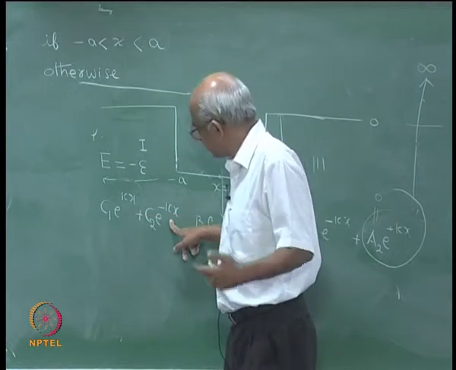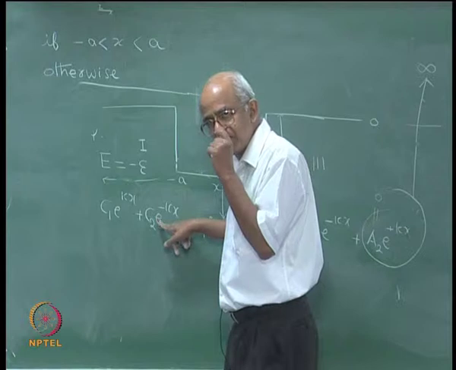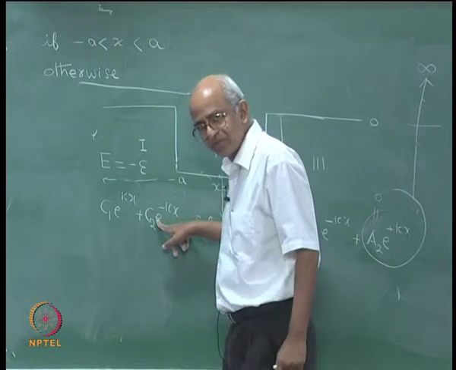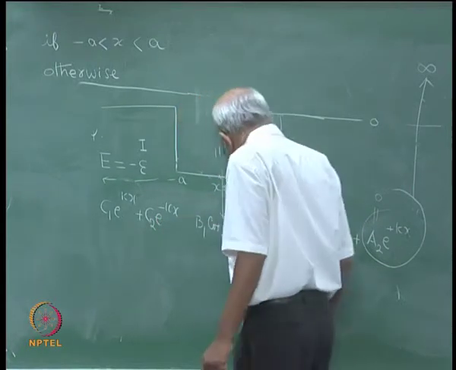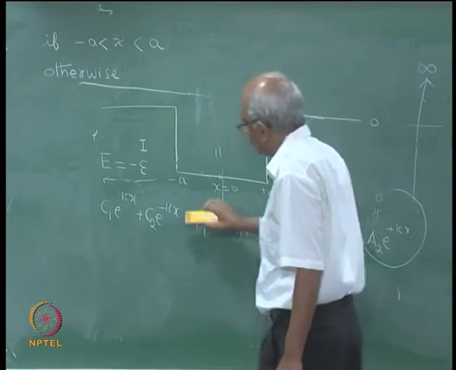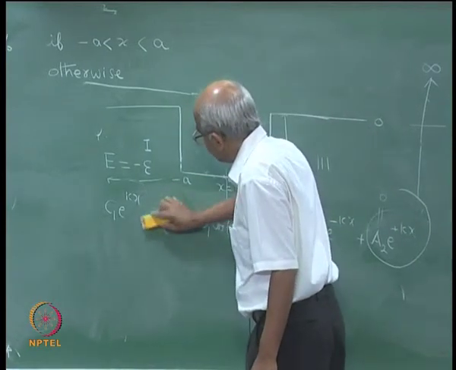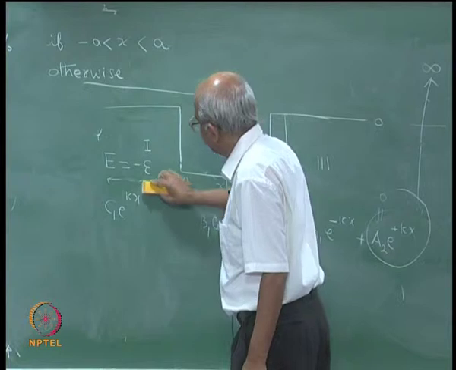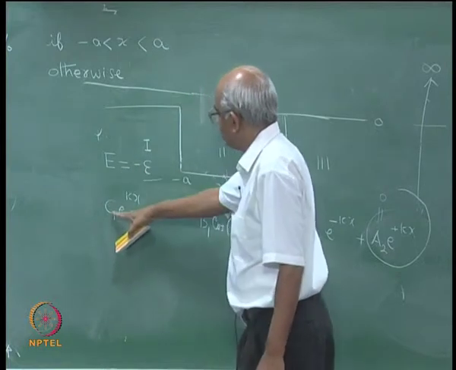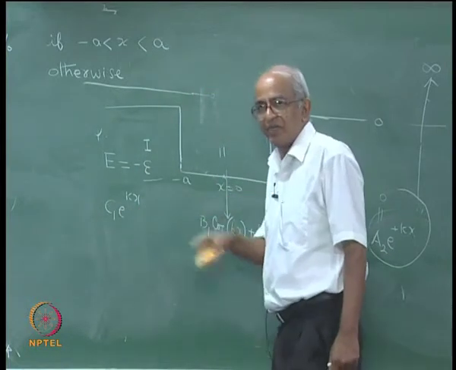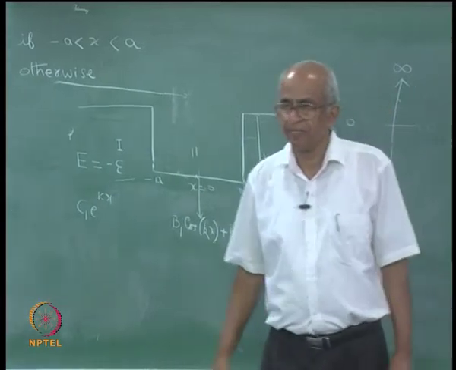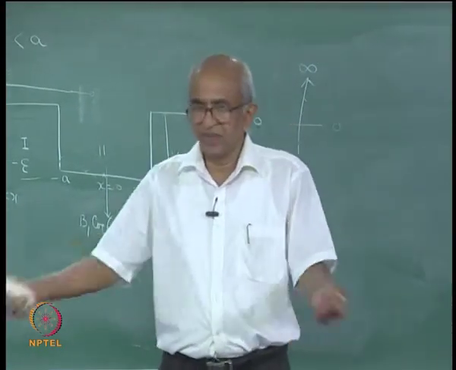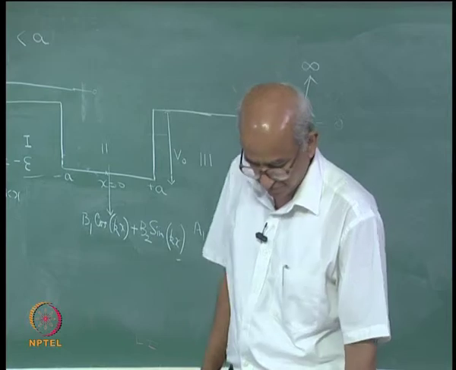It will increase to infinity, and therefore, this term is going to give me problems, and to have an acceptable solution I am forced to put c2 equal to 0. So, in this region the solution has to be simply c1 e to the power of kappa x. The other part I have to throw out.